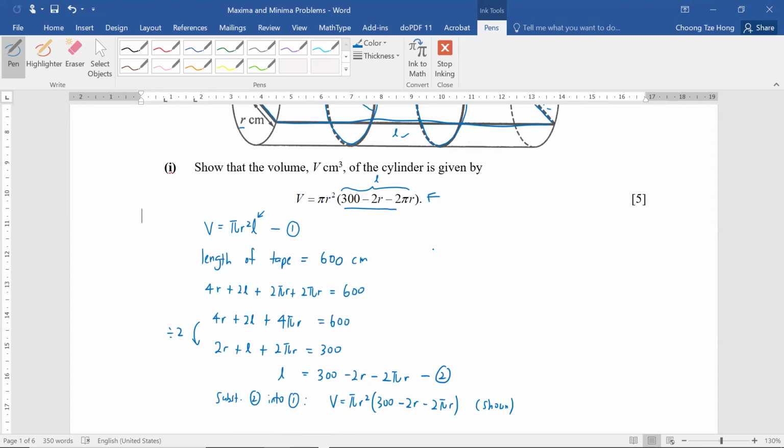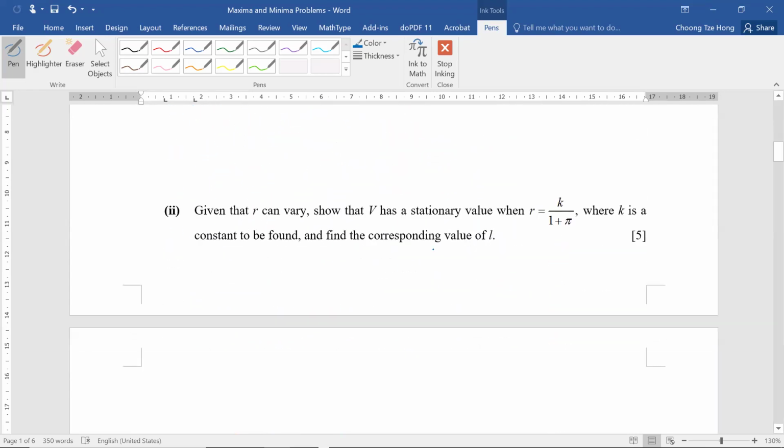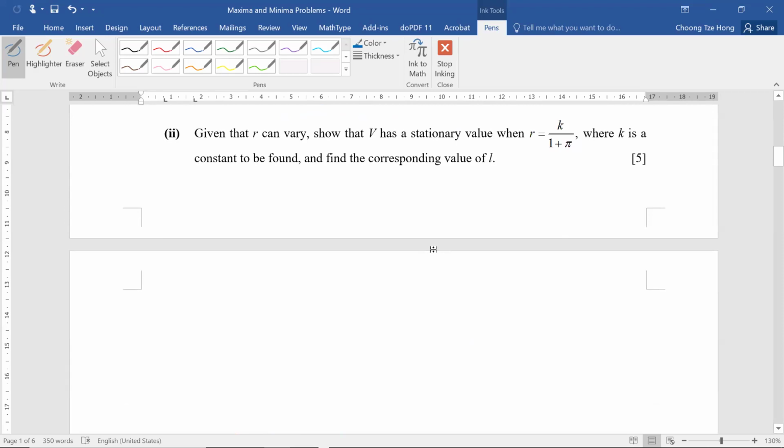Alright, let's take a look at the second part of the question. Second part of the question is over here. Given that R can vary, show that V has a stationary value when R equals to K over 1 plus pi, where K is a constant to be found, and to find the corresponding value of L. They say that V has a stationary value. Just now the equation for V was V equals to pi R square times 300 minus 2r minus 2 pi r.